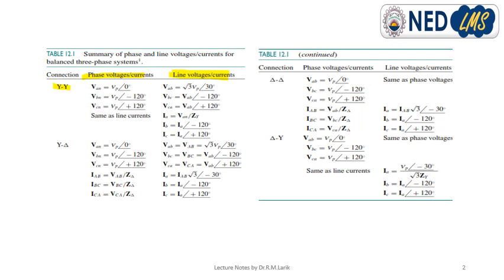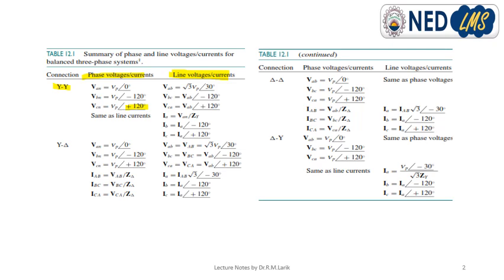The first phase voltage is termed the reference voltage, so its angle is 0 degrees. The second is 120 degrees apart from the first, so minus 120 degrees. The third is 240 apart from the first, but plus 120 and minus 240 are the same, right? Here we can write minus 240 as well.